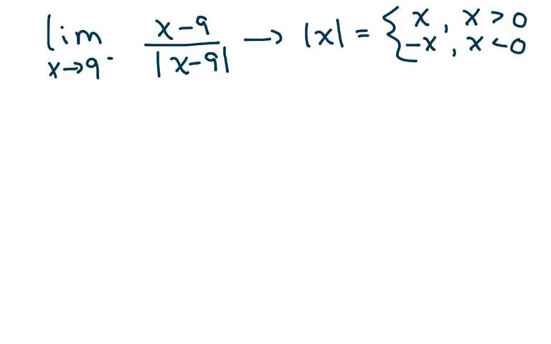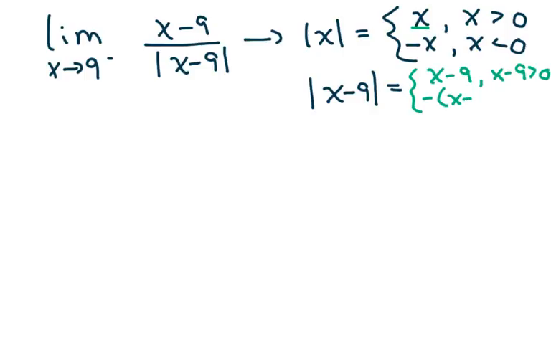So here, everywhere there's an x, I'm going to substitute x minus 9. So for this x here, I'm going to write x minus 9 when x minus 9 is positive, and negative x minus 9 when x minus 9 is negative.